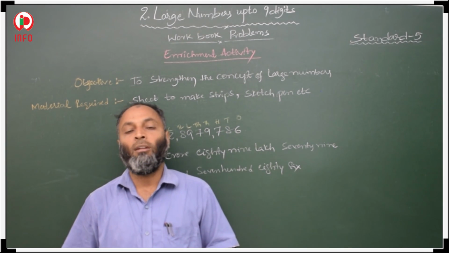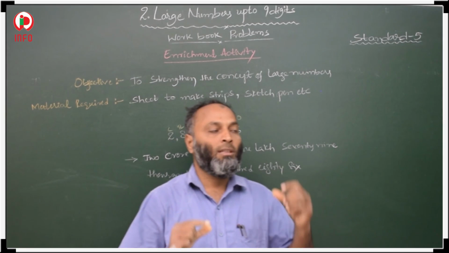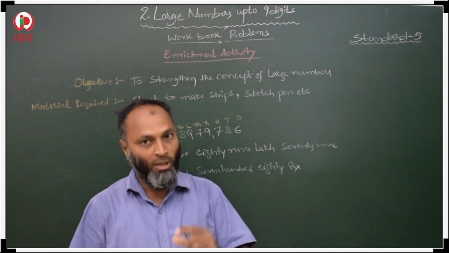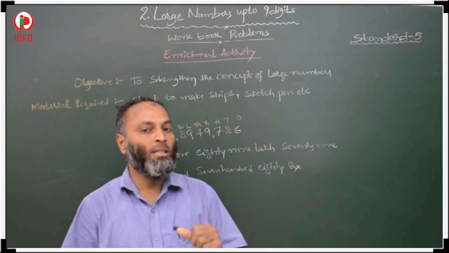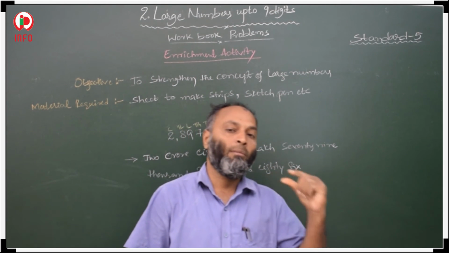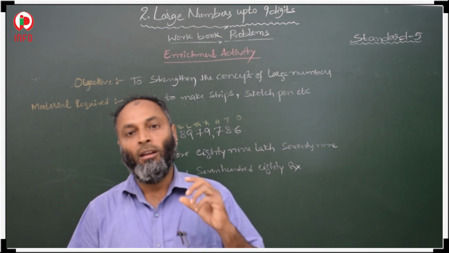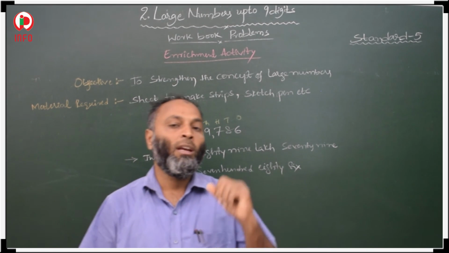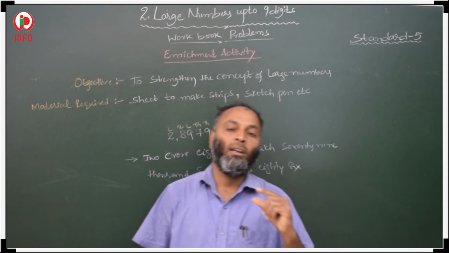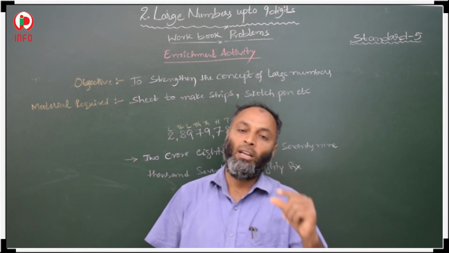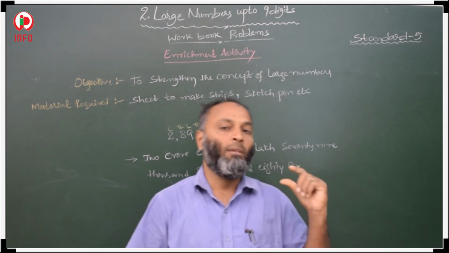If a number comes, you have to write it in words on the board. If you get a number name on the strip, then you have to write the number on the board. Okay, so this is your class activity. From this activity, you will know how to write a number name for a number, and if you get a number name, you will know how to write the number. Okay.